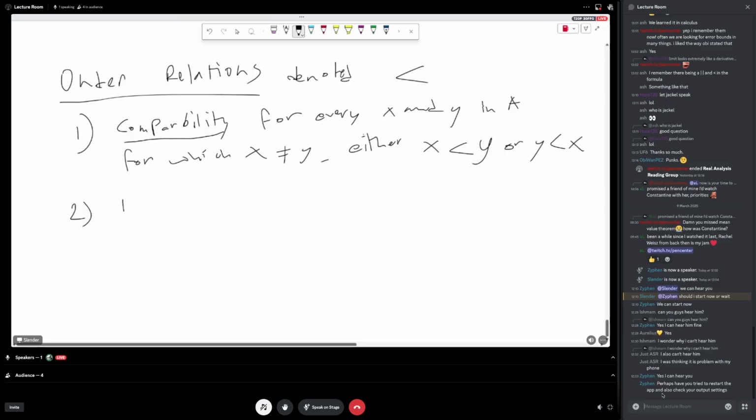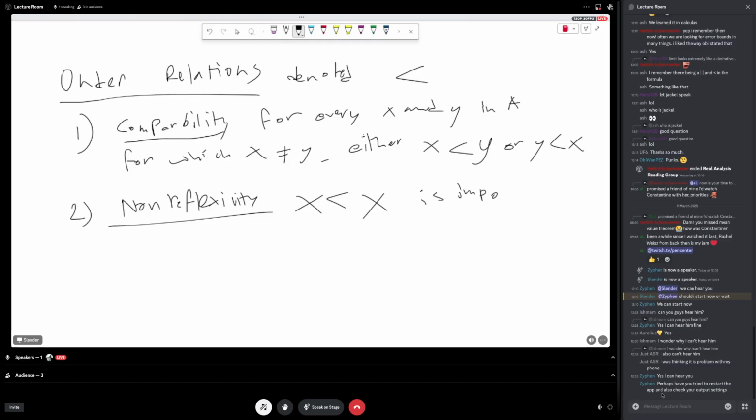Then we have the non-reflexivity. This just means x less than x is impossible for all x in A. Then we still have the transitivity.